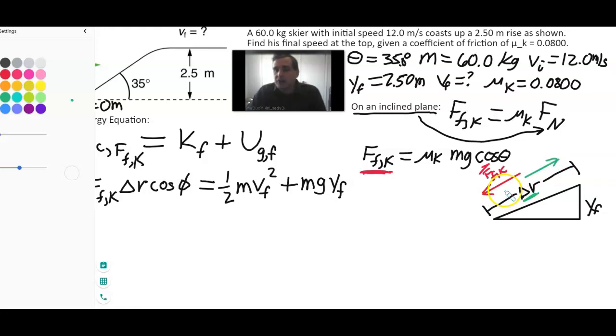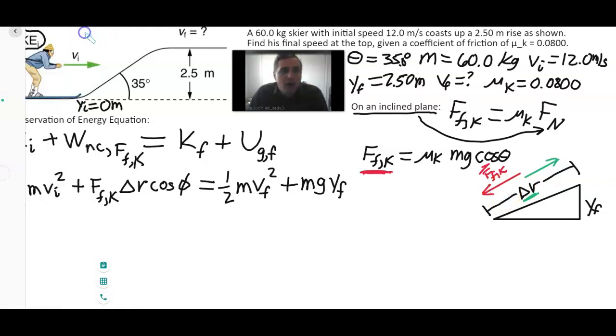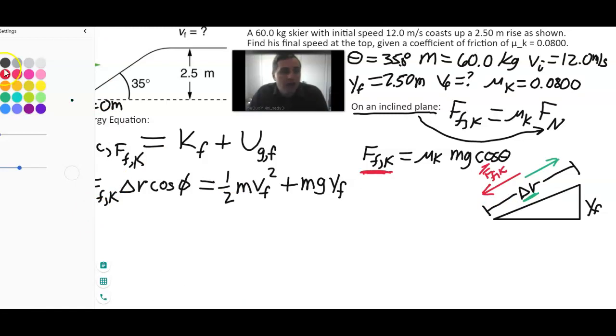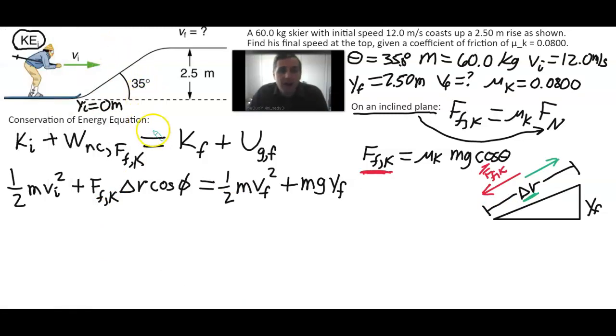Now, I've tried to sketch these so that you can understand the direction of the angle phi. Remember, phi, the way we've defined it in this class, is the smallest angle between these two vectors. So this should be the angle phi. And hopefully you realize that phi is exactly equal to 180 degrees.